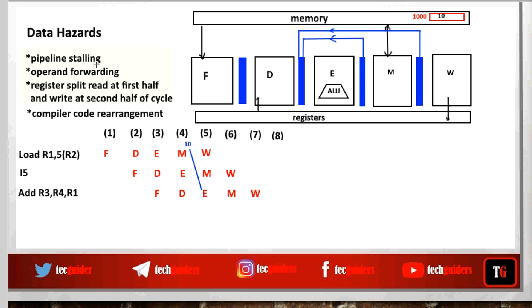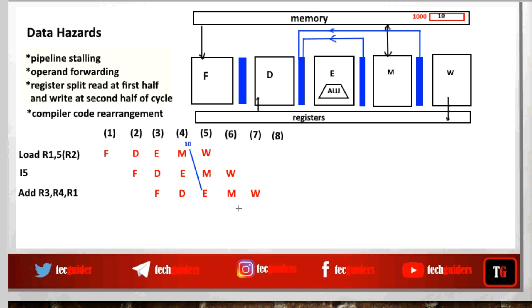So these are the solutions used for data hazards, and these kinds of solutions, especially operand forwarding, are mainly used for the type of data hazard in which one instruction tries to read some data which is written by another instruction. In other words, one instruction is expected to read some data only after a write, but by using pipelining, we are trying to read that data before the write.